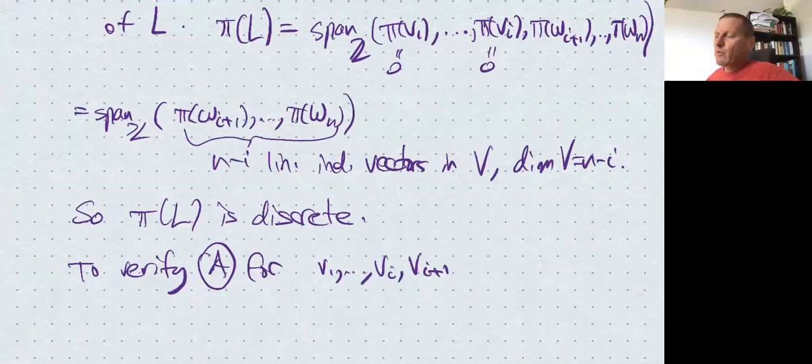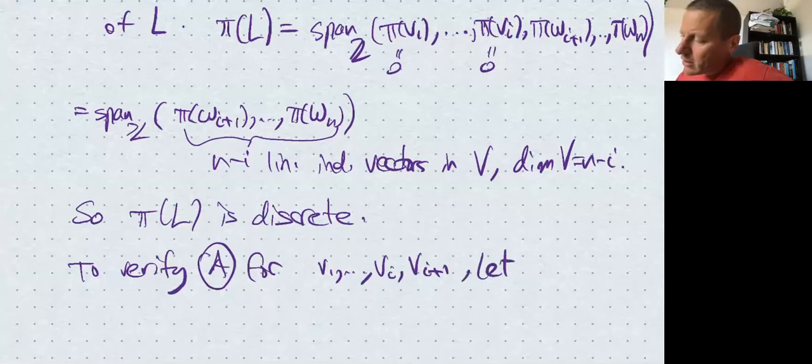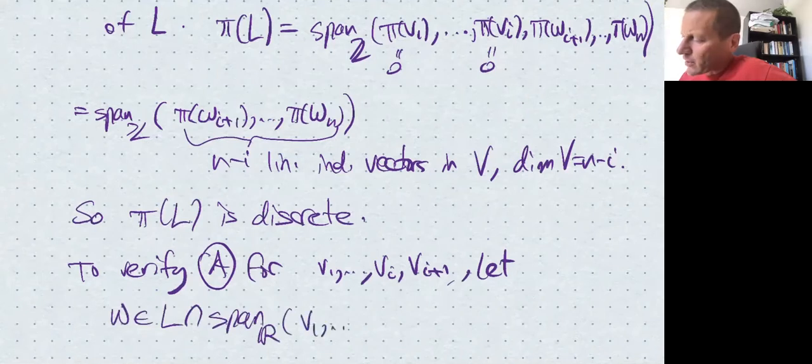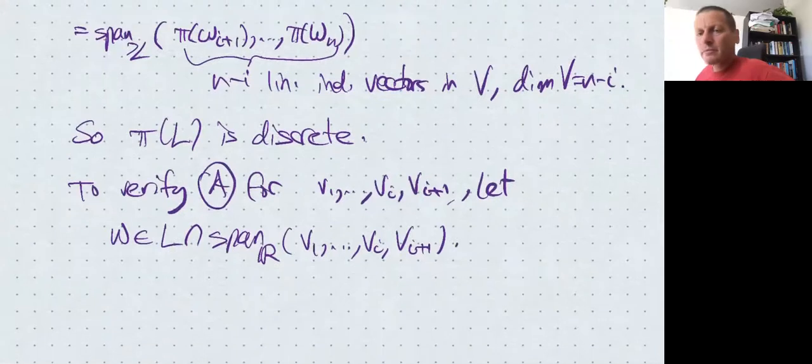In order to do that, we need to take a vector which is in the lattice, and also in the R-span of these vectors, and prove that it's in the Z-span of these vectors. So let's call it w, in L intersect the span over R of v1, ..., v_{i+1}.